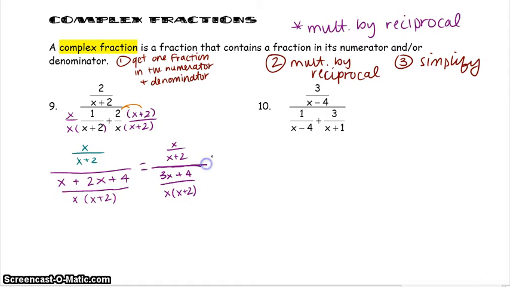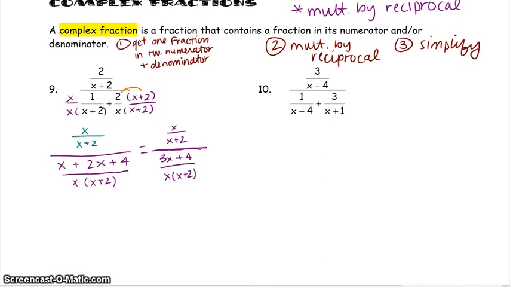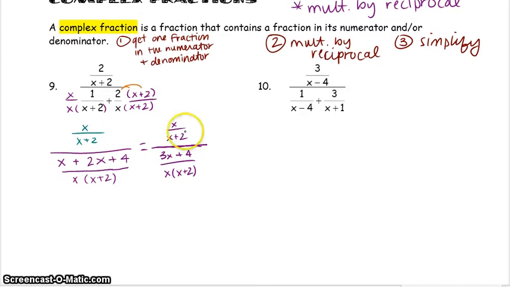Alrighty, so from here we have 1 fraction in the numerator, 1 fraction in the denominator. So we can move on to step 2, which is multiplying by the reciprocal. So what that looks like is we take our x over x plus 2 and we're going to multiply that by the reciprocal of our denominator.